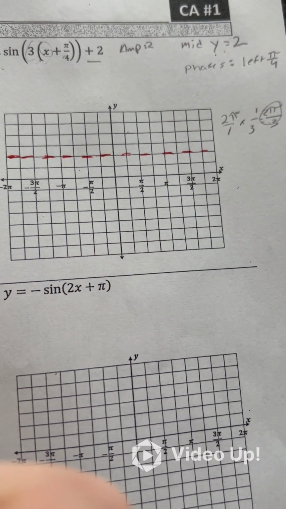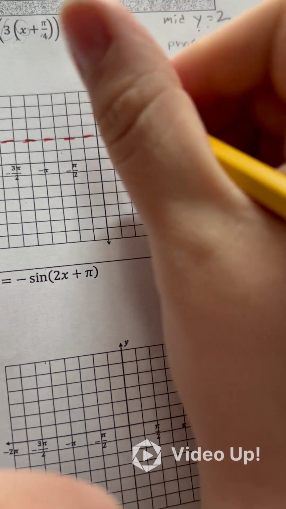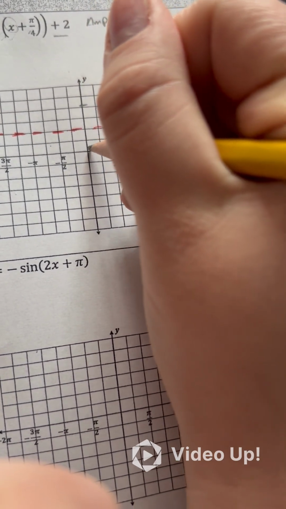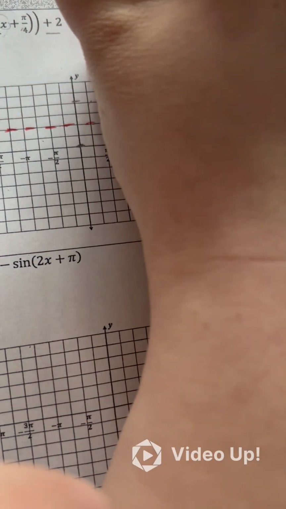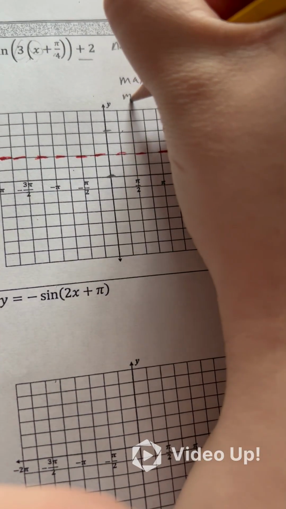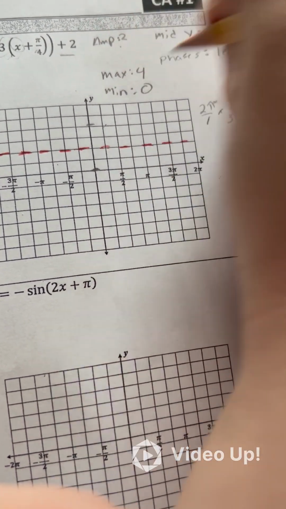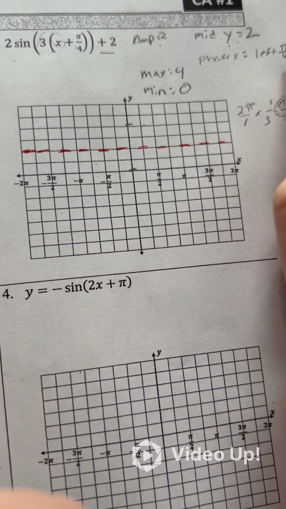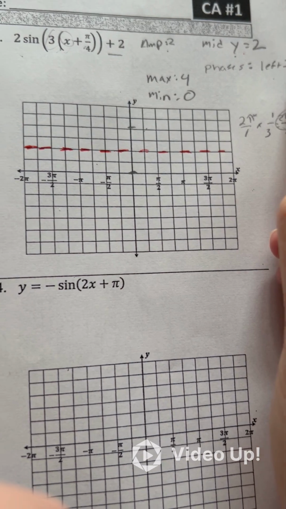Our amplitude is 2. So we're gonna go up 2 from the midline for our max. 1, 2. Down 2 from the midline for our min. So our max is now 4 and our min is now 0, right? So left pi over 4 is our phase shift.